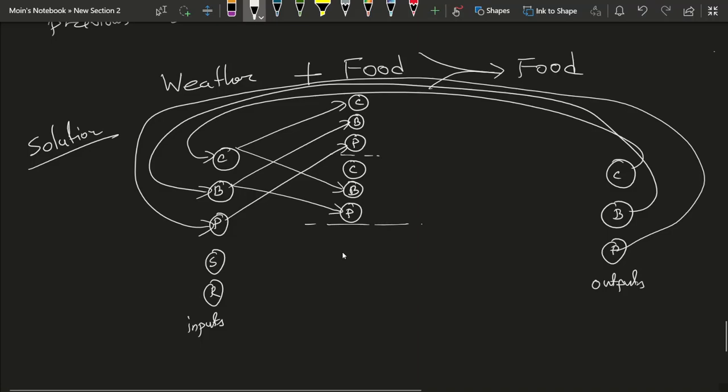If I had a burger on the previous day, then I'll have a pizza on the next day. If I have a pizza on the previous day, then I'll have a chicken on the next day. So this denotes the next food of the cycle, and this denotes the same food.